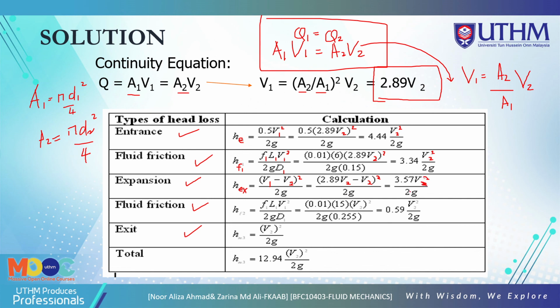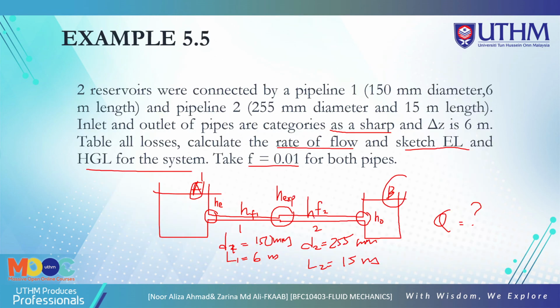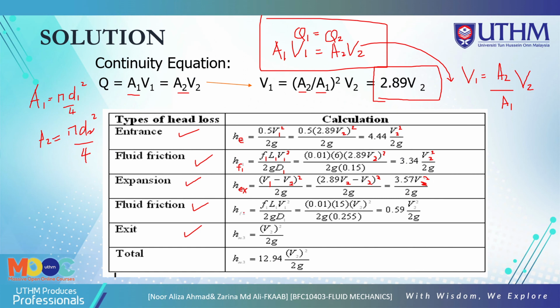And the fluid friction for pipe 2, HF2. So this is HF2: F2, L2, V2.